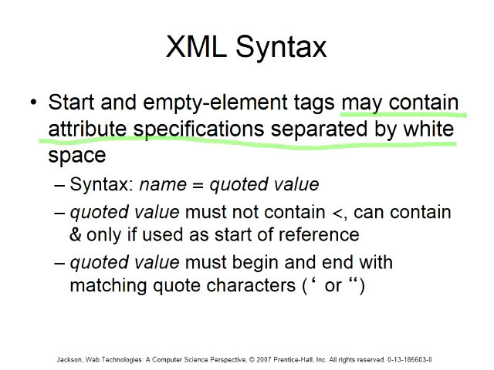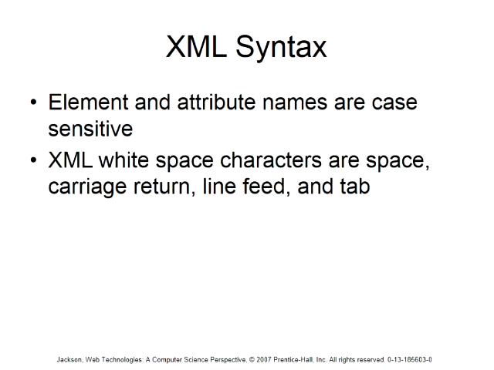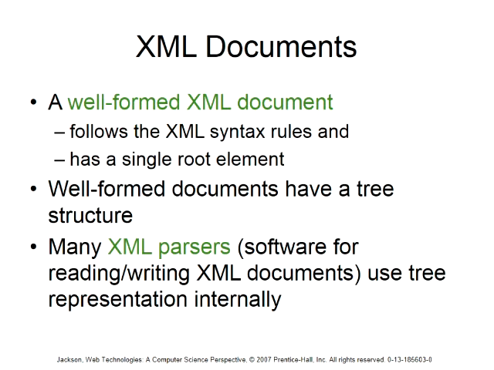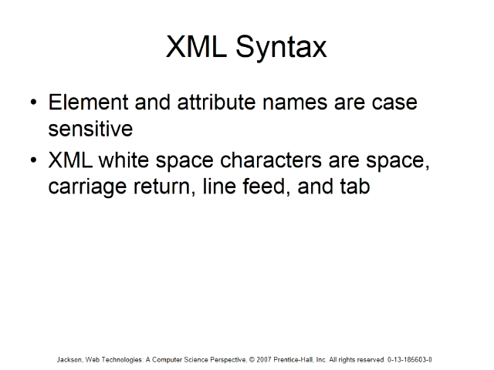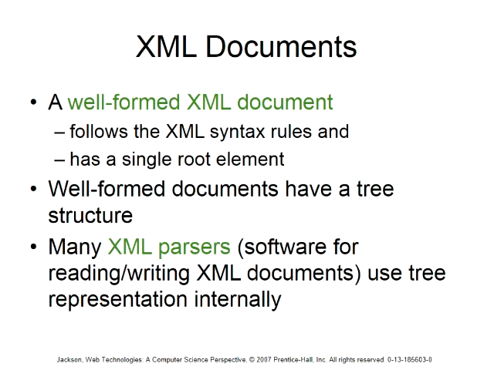Yes, so start and empty element tags may contain attribute specifications separated by white space. So in XML, white space characters are space, carriage return, line feed, and tab. So there are four white space characters.